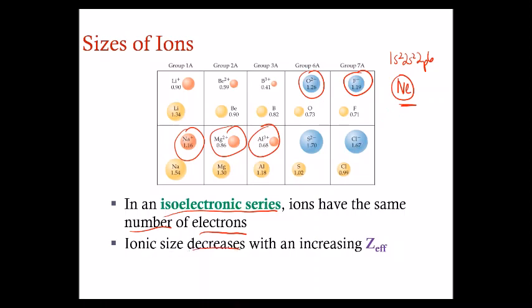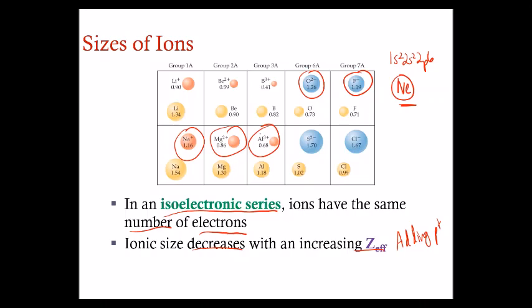Ionic size decreases with an increasing effective nuclear charge. Remember, you're adding more protons. If you're adding more protons, it's the same reason as before with regular atomic radius, it's going to get smaller because there's a larger attractive force pulling in the electrons closer.